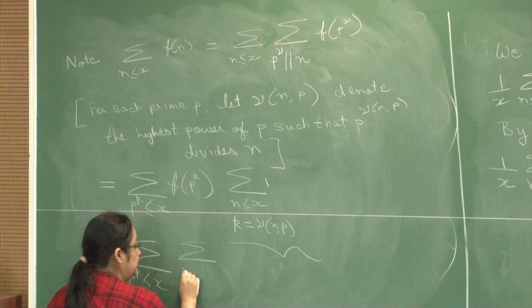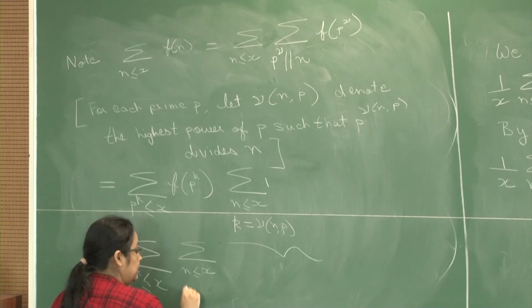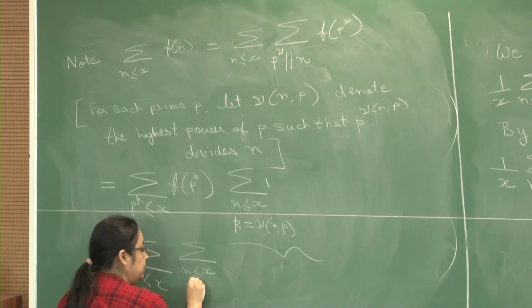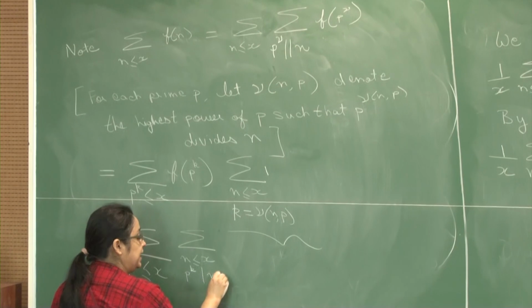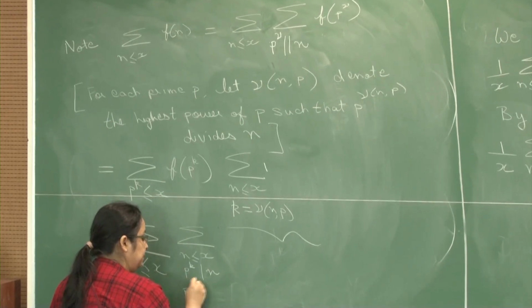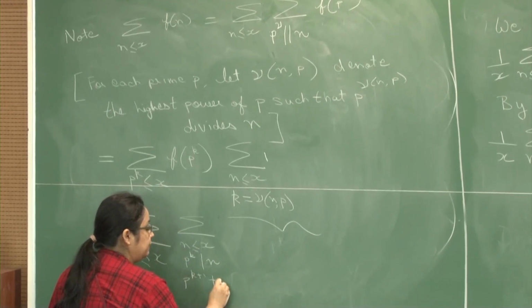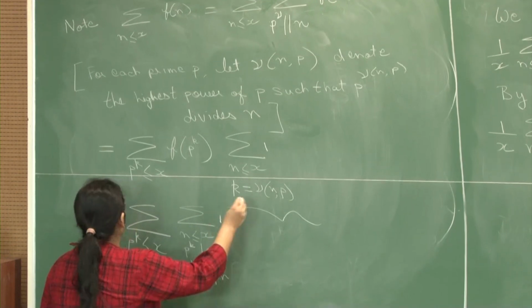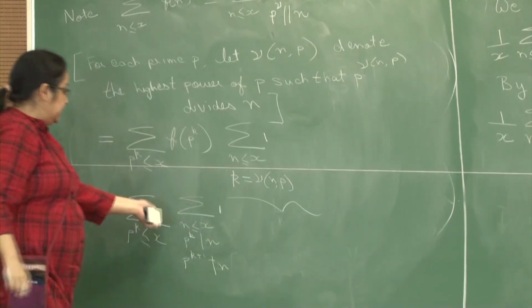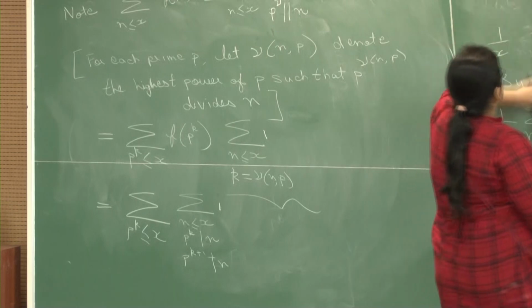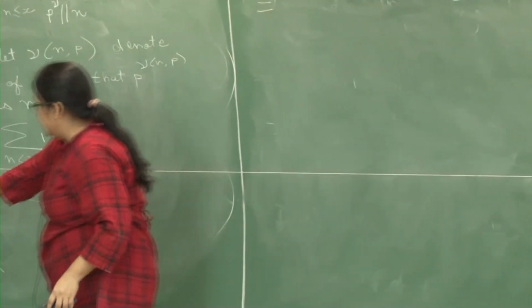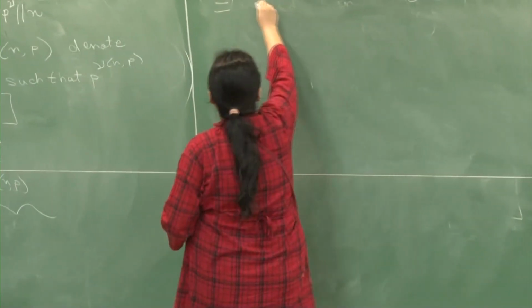You are running over all the n up to x for which p raised to the k divides n, but p raised to the k plus 1 does not divide n, right?